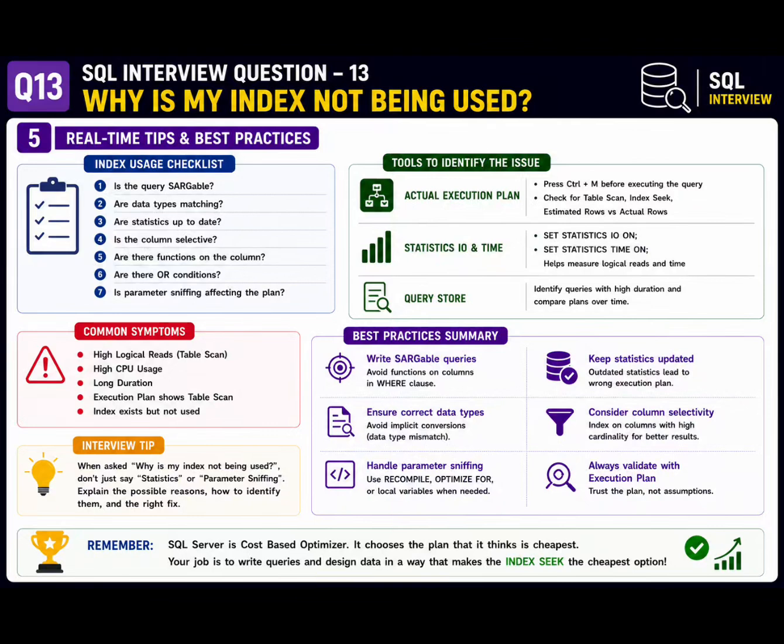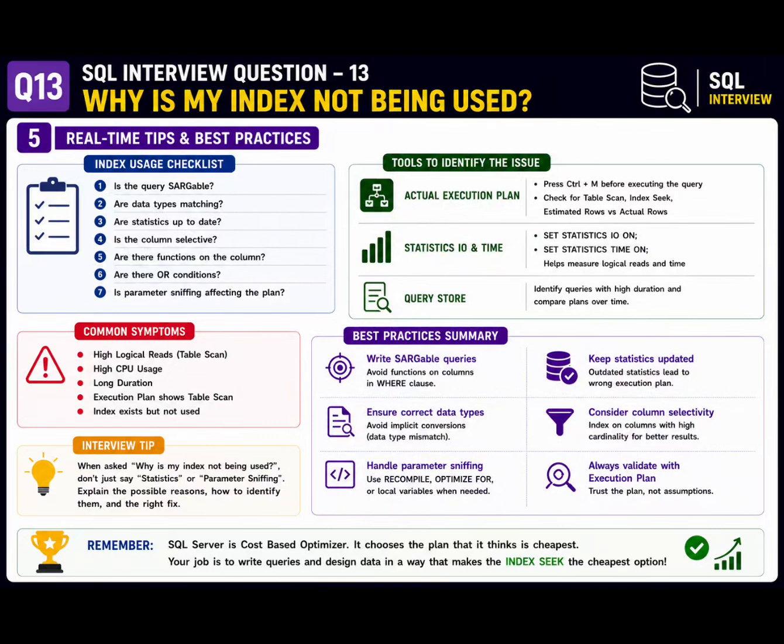Then as usual, the interview tip: if the interviewer asks why SQL Server is not using my index, don't simply answer 'because of outdated statistics'. Instead, explain all the possible reasons, that is, functions on indexed columns, implicit conversions, outdated statistics, low selectivity, parameter sniffing, OR conditions.